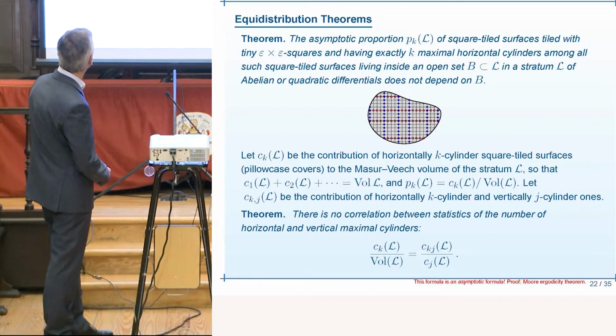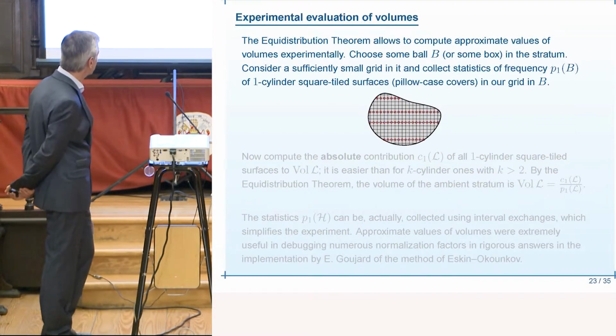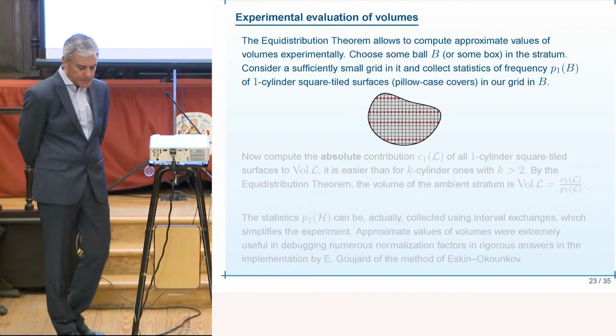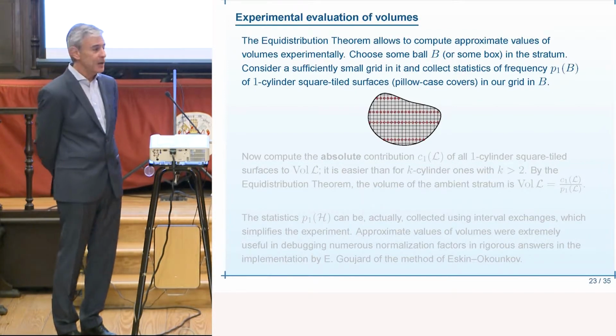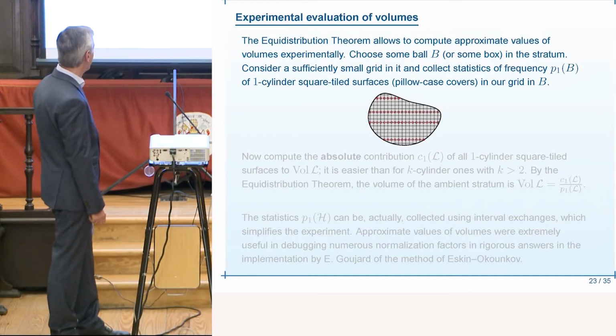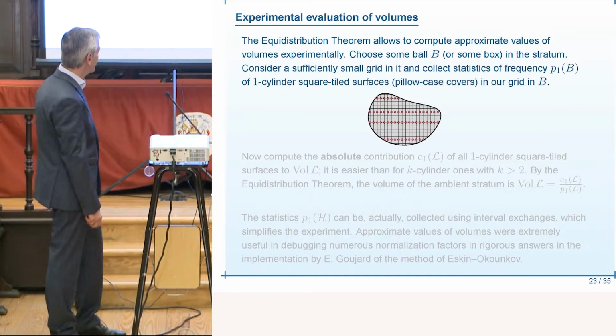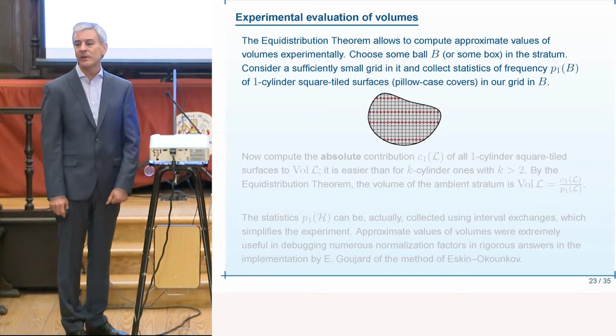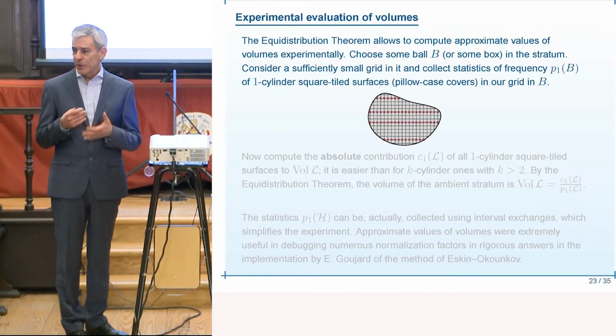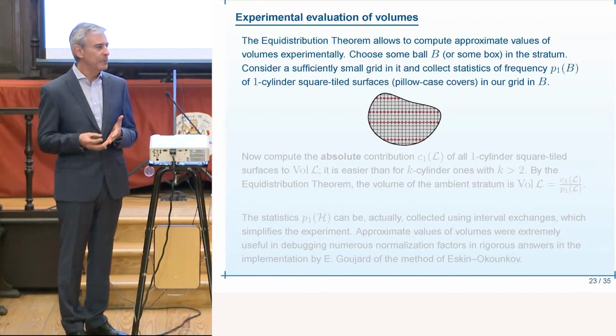Okay, now this already gives the way to compute volumes approximately experimentally. And the idea is the following. First, we can compute all square tile surfaces having a single horizontal cylinder. We discussed this is an easier problem.